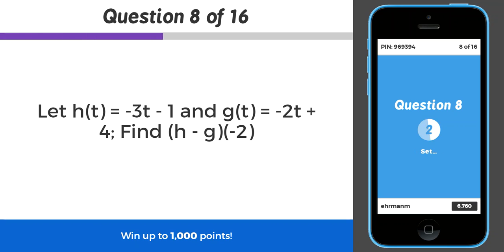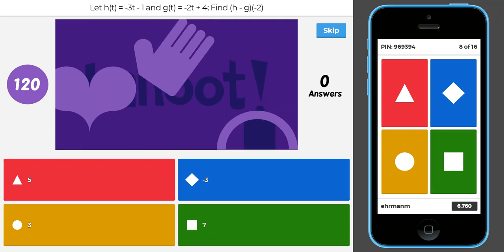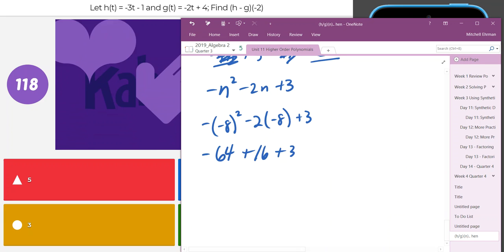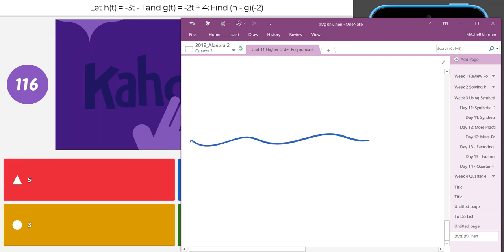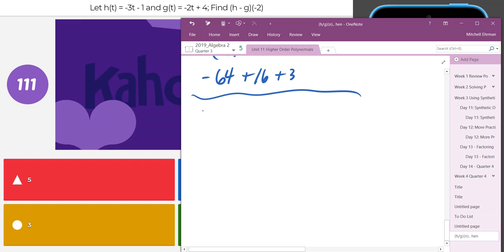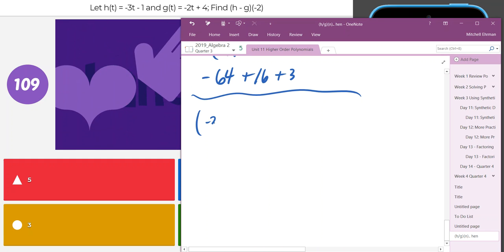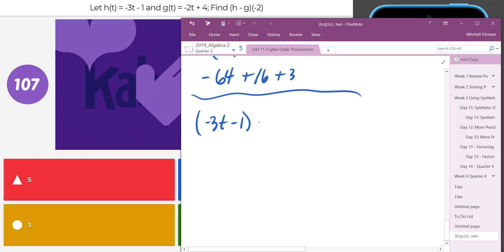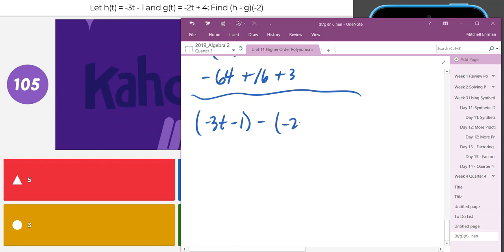What if we evaluate h minus g at the number negative 2? Okay, so h minus g at negative 2. Well, h is negative 3t minus 1. g is negative 2t plus 4.